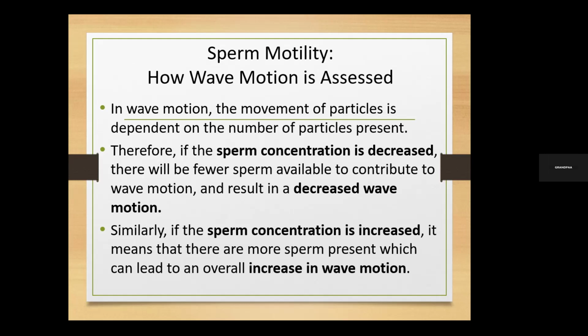So you will see that the wave motion test is giving you an idea about two parameters. What are they? The concentration of the sperm, either increased or decreased, and the motility.